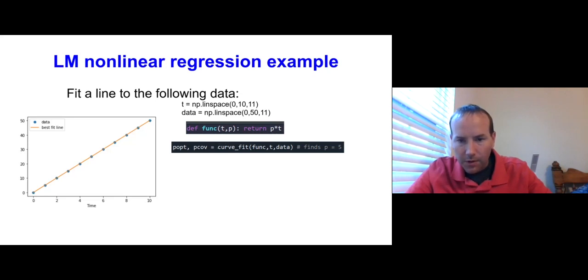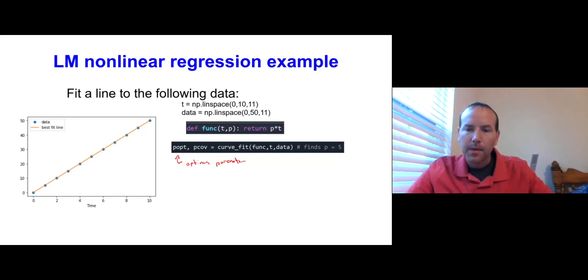Then we call the curve fit function, which needs the function that we define here, and it requires the data that you want it to fit. And then it pops out p opt, the optimum parameter.